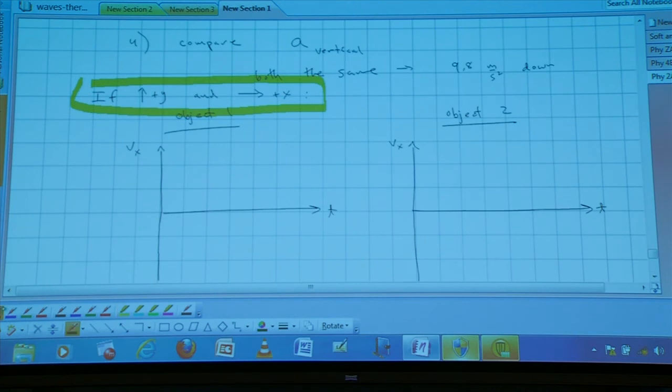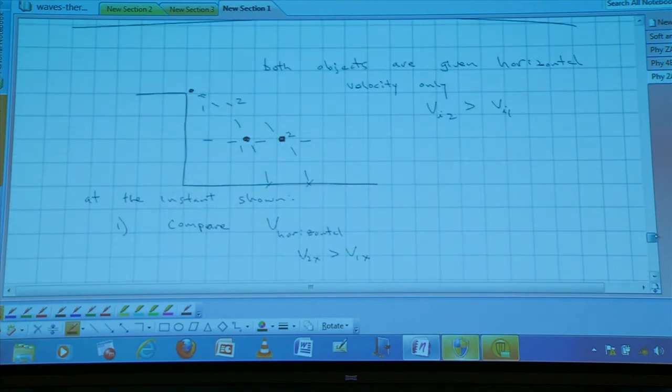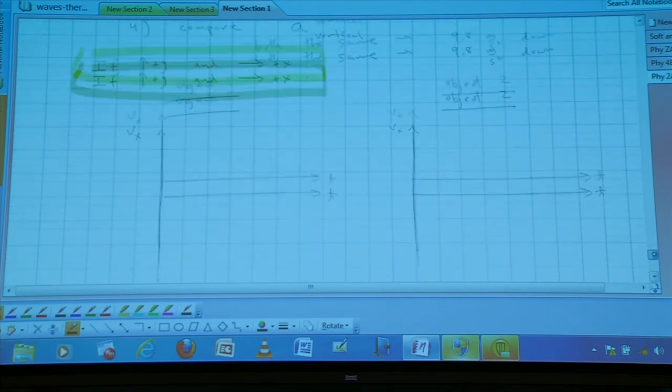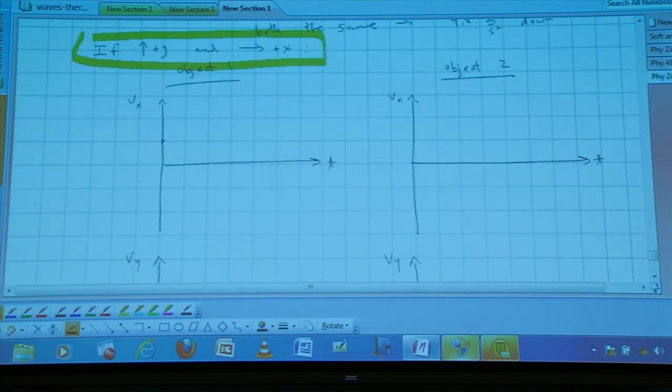So object 1, what is v sub x starting out at? Maybe here. And does it change? Something like that. Horizontal line. How about object 2?